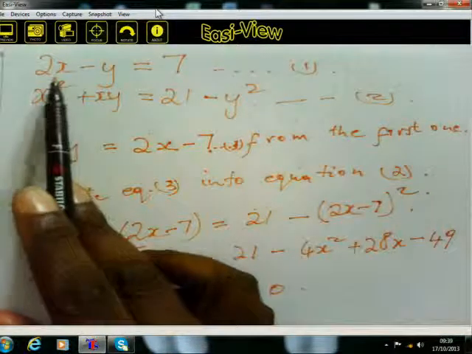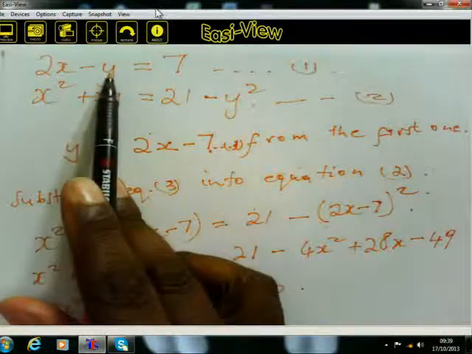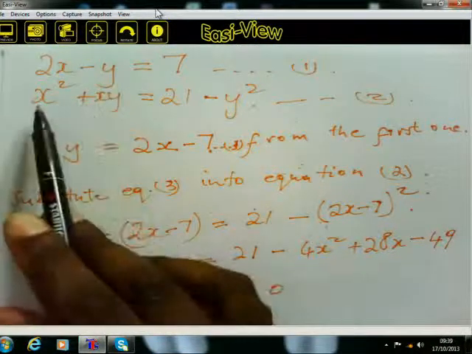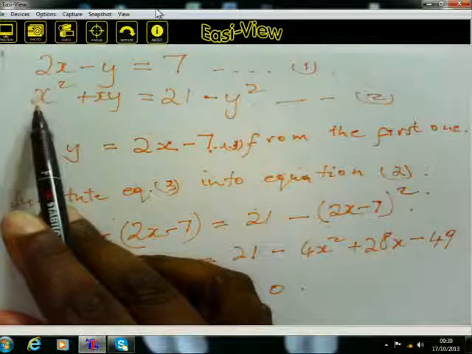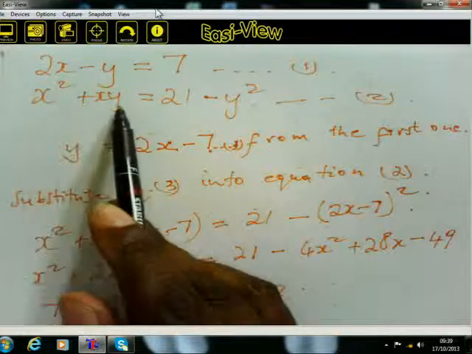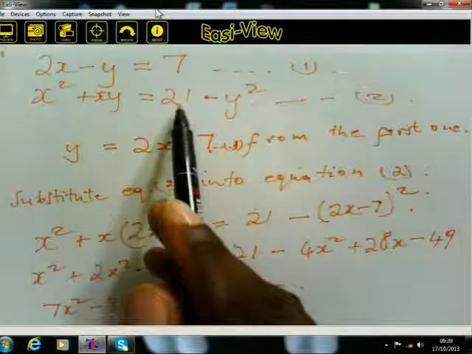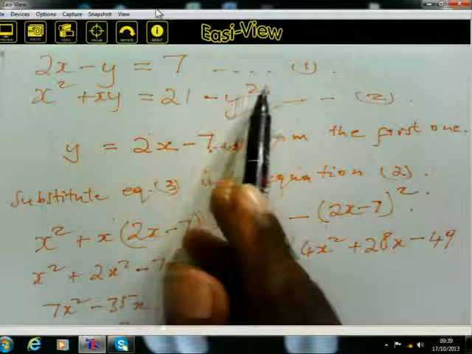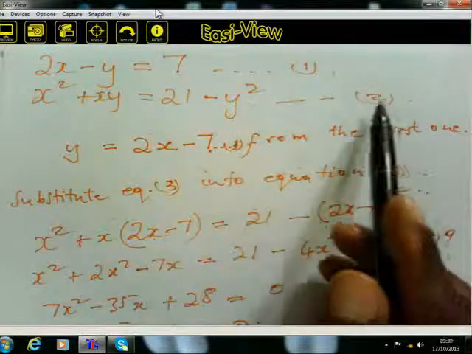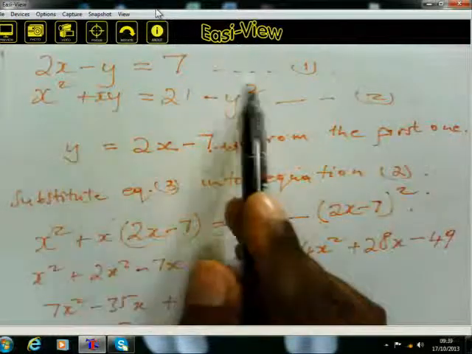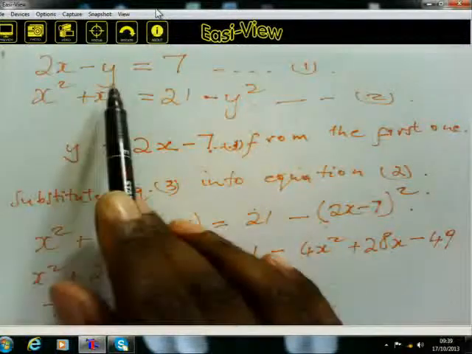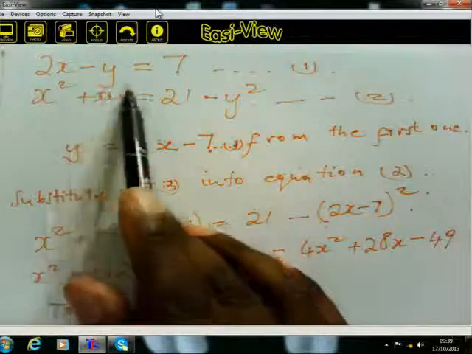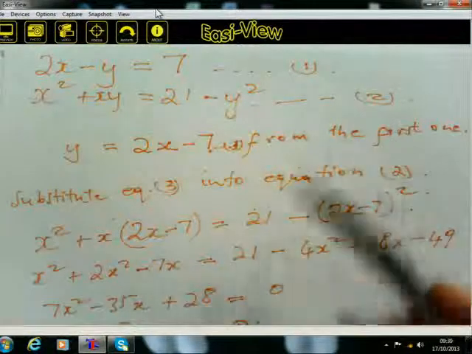It has two variables, x and y. And then this other one, it is x squared plus xy, which is equal to 21 minus y squared. This one is quadratic. Why quadratic? Because the highest exponent here is 2.